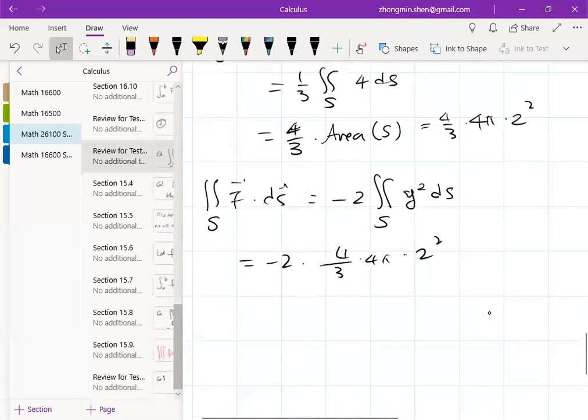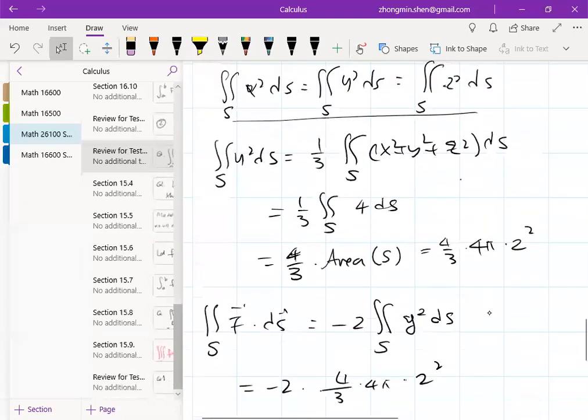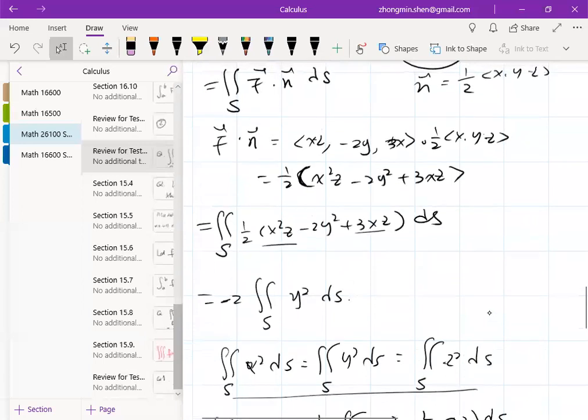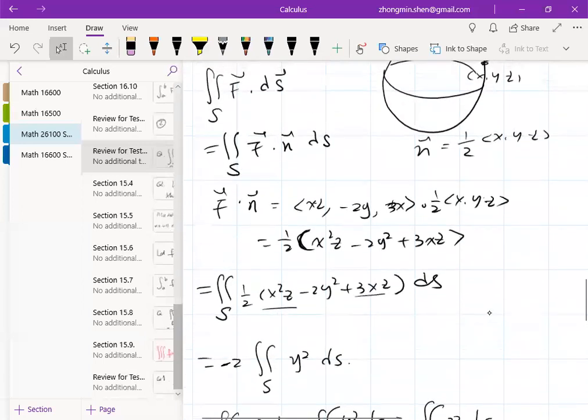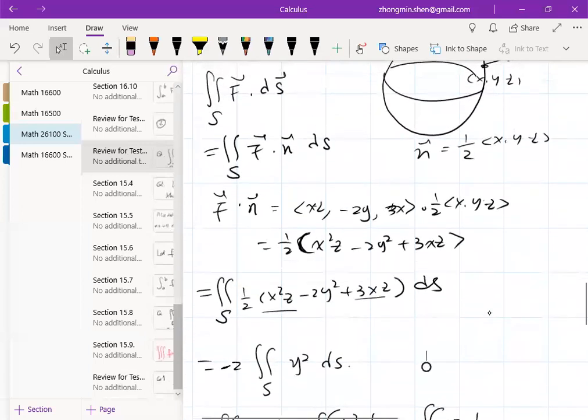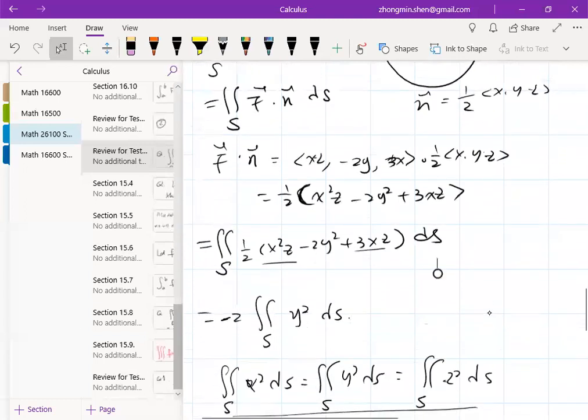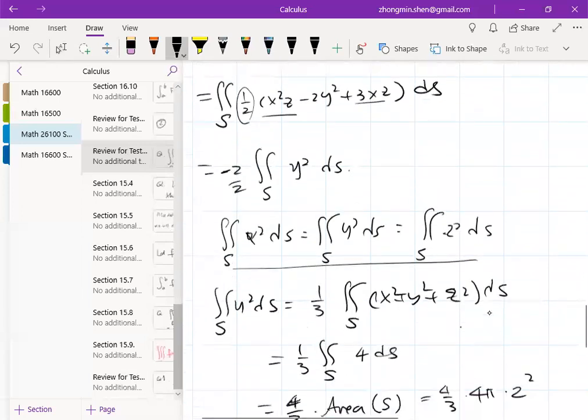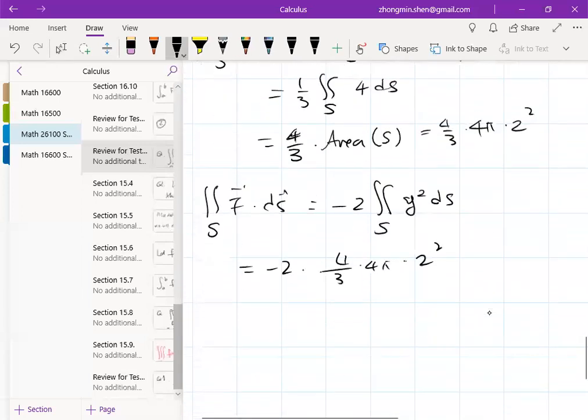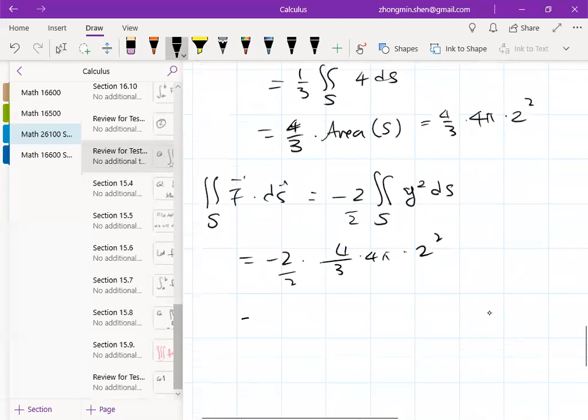Extra 2 here? So something's wrong. Maybe I missed, oh, that was divided by 2 here. Okay, so that's no extra 2. Okay, yes. All right, so it's negative 8 square pi divided by 3.